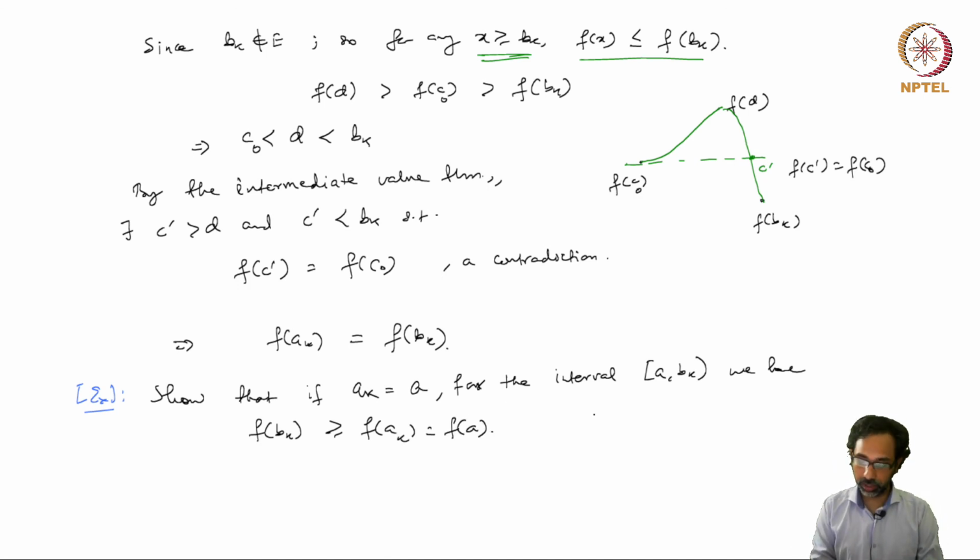This should be almost immediate because f must be non-decreasing on this entire interval, because all of these points lie in E, so this whole thing is a subset of E. I'll just leave it as an exercise for you to show. You can argue similarly, or you can give another argument to show this inequality.